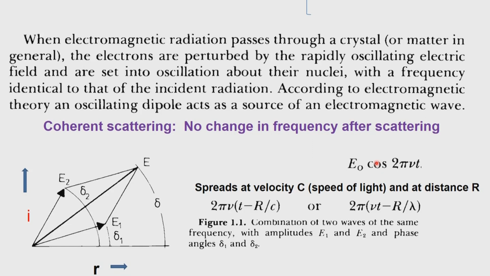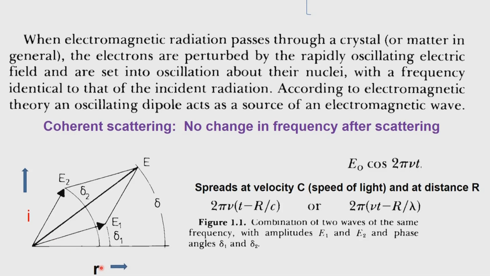So, the exponential I 2 pi nu t can be expanded further into E naught cosine 2 pi nu t plus I sine 2 pi nu t. So, it is a cosine and a sine function, and therefore, we write this what is known as the Argand diagram, where we have the imaginary axis along the y direction and the real axis along the r direction.